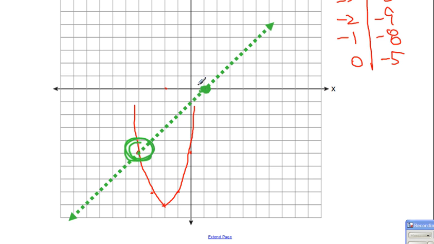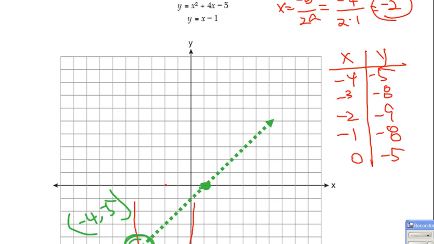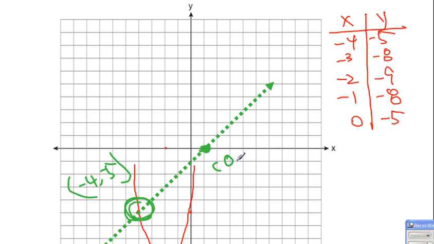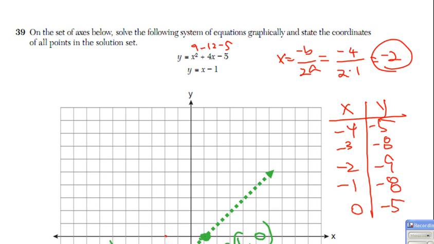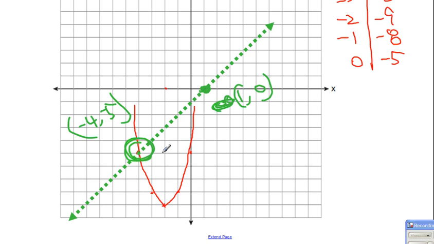So therefore, our answer is negative 4, negative 5. Here we have 1, 0. When you plug in, all right, both of them are equal to 0.